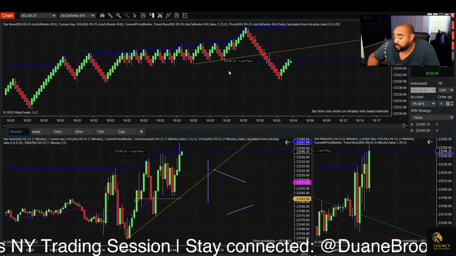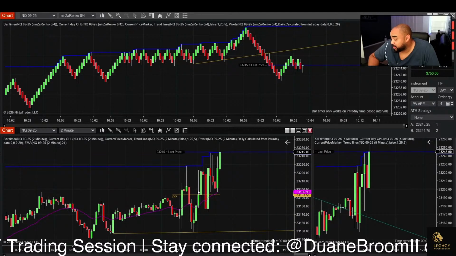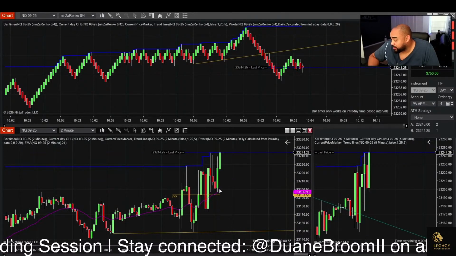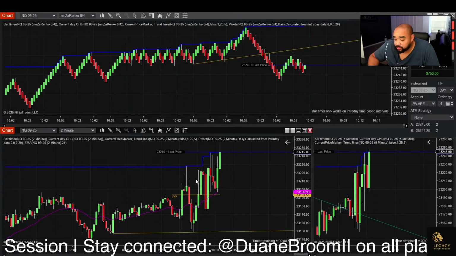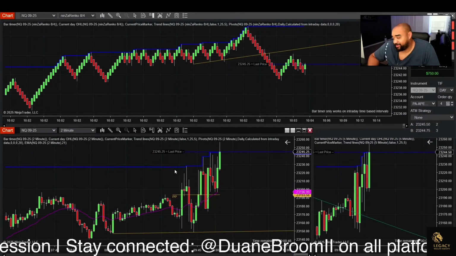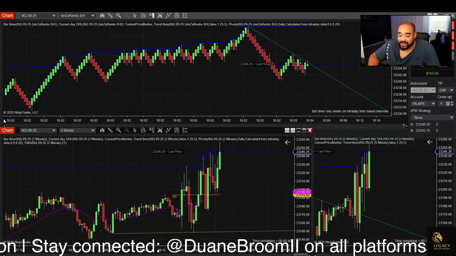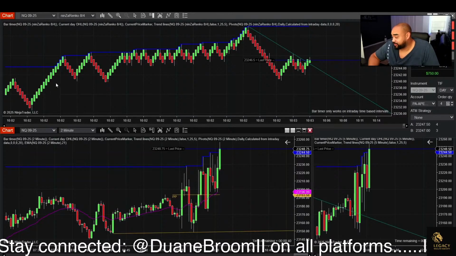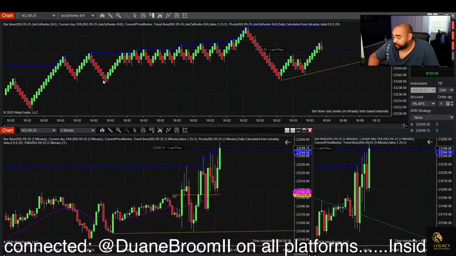That was a clean bull flag. Pole coming up, coming down, push right up, and we cleared those wicks as well. But as you can see here, these sellers are not giving up today.